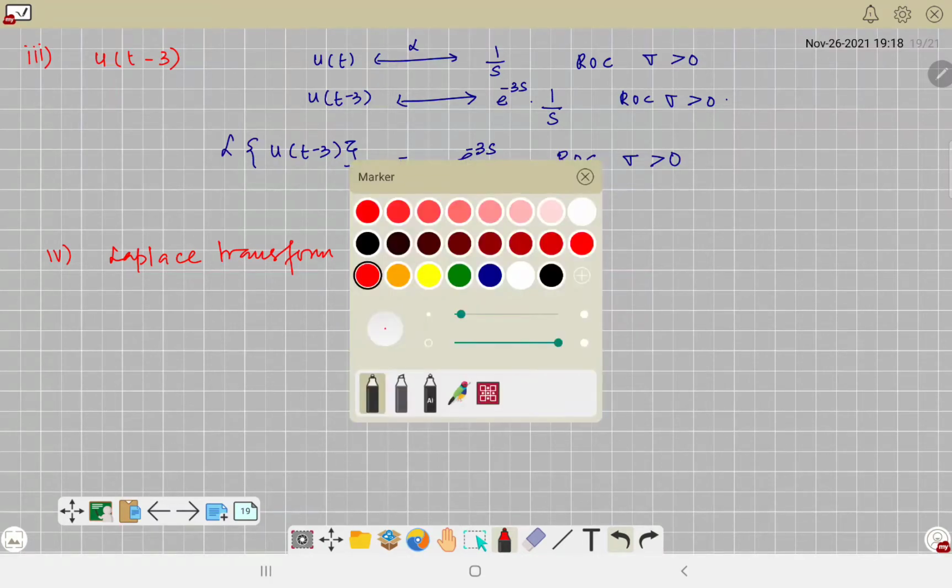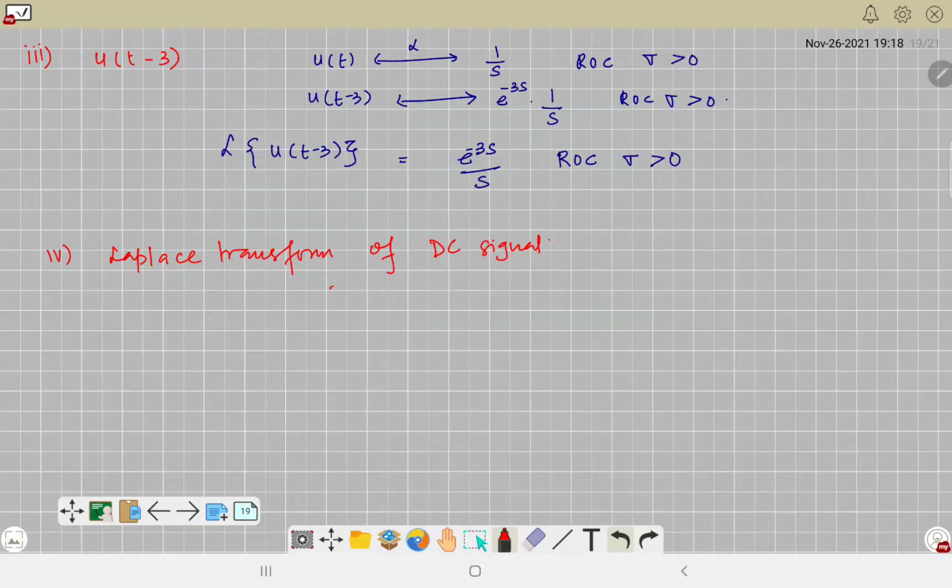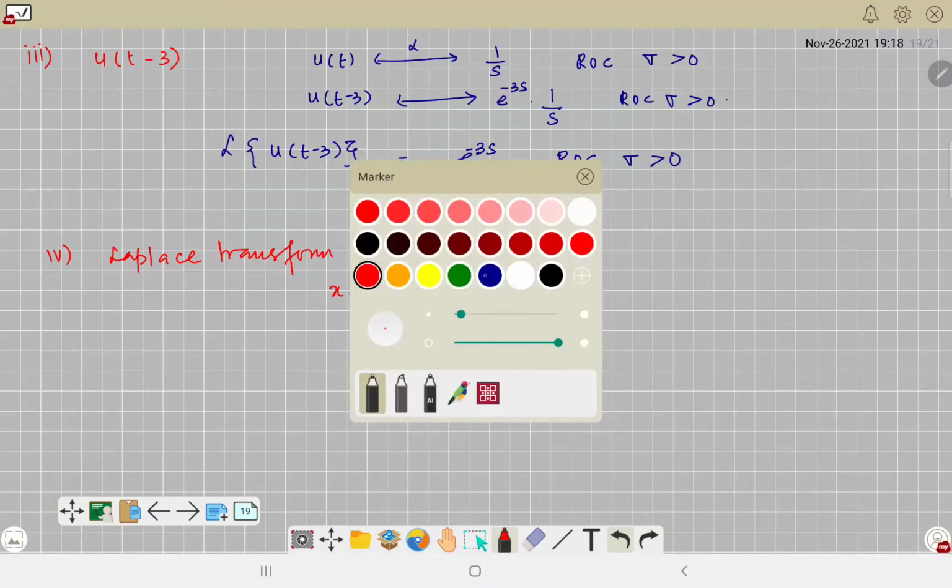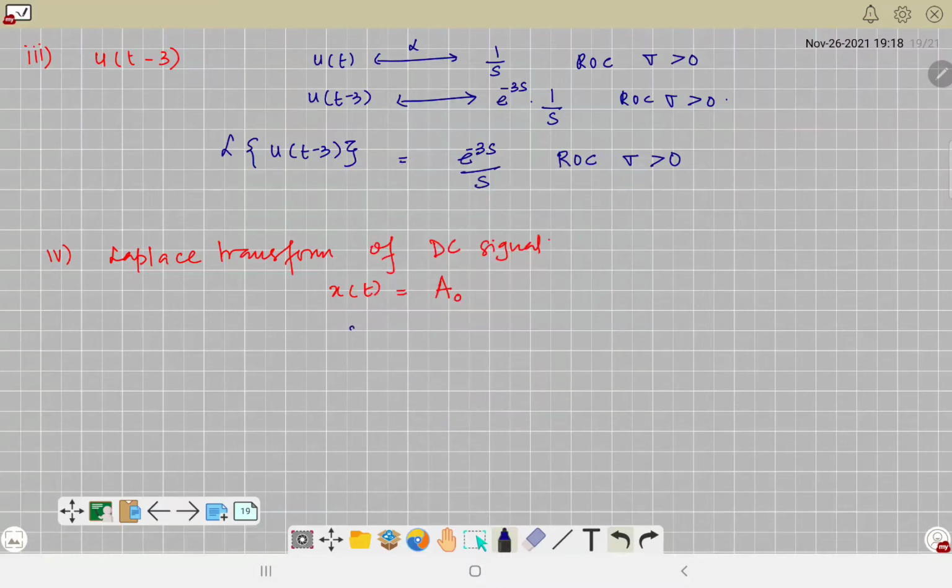Let's first see the DC signal. A DC signal has a constant value. So we can say it's a signal of this type, x of t having some constant value, say a naught. Now if I apply the conventional method, X of s is the integral from minus infinity to plus infinity of a naught e raised power minus st dt.